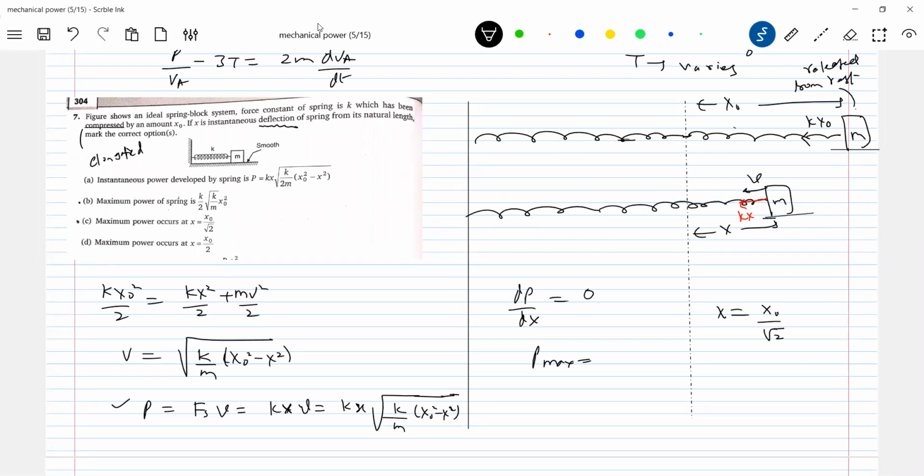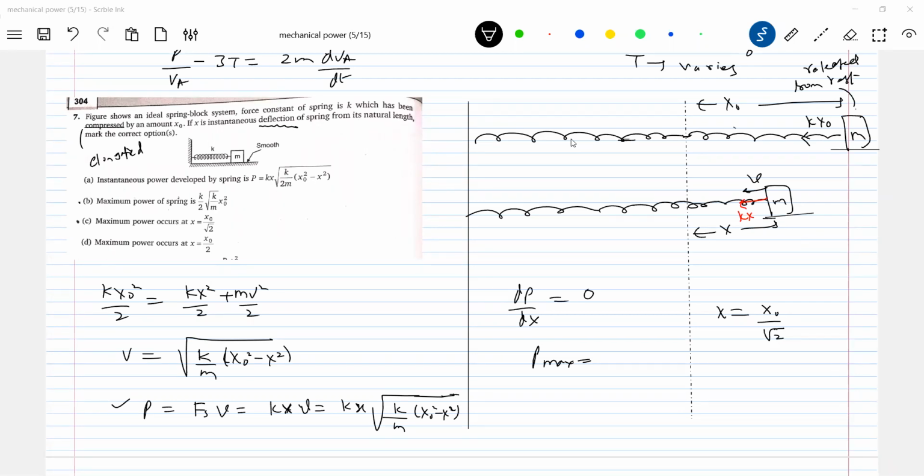At this position, the power generated by the spring will be maximum. Substitute this value of x and you'll get the maximum power. This is where the rate of transfer of energy by the spring to the block will be maximum.